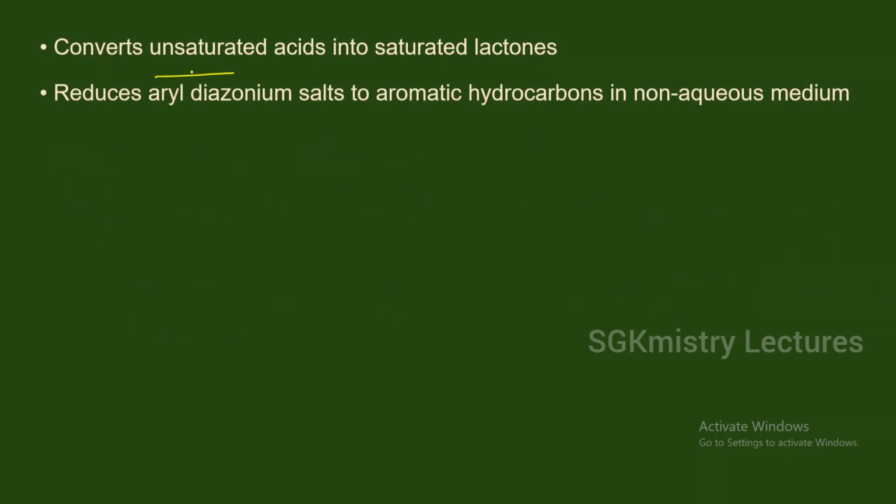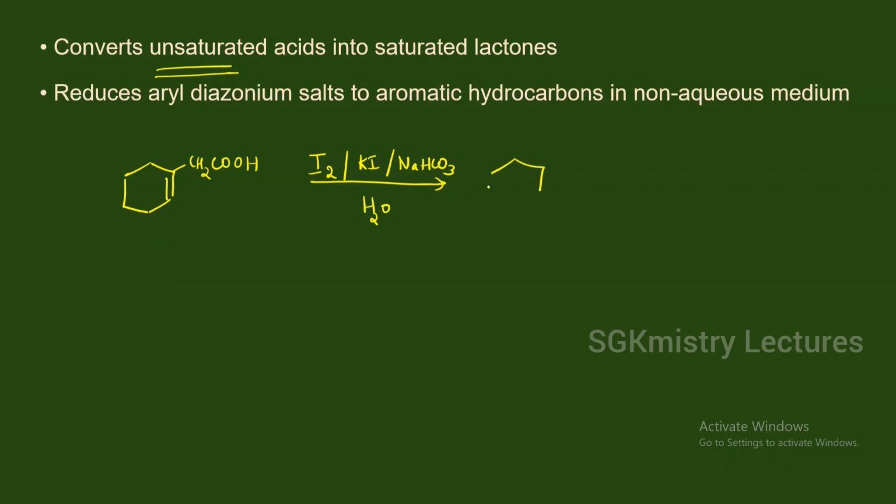Along with that, even the unsaturated acids can be converted into saturated lactones. How it is done: here, if I take the acid group, it is unsaturated. If I add iodine, KI, sodium bicarbonate, and water, first lactones will be produced.